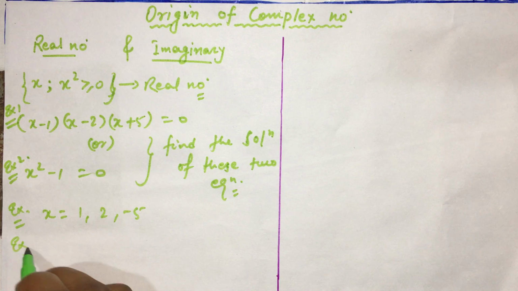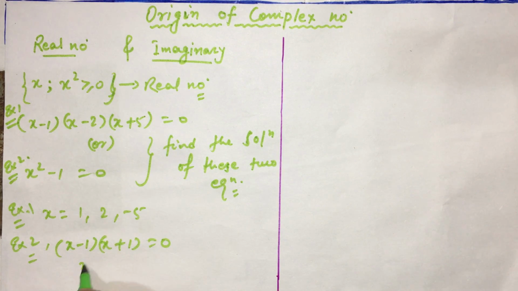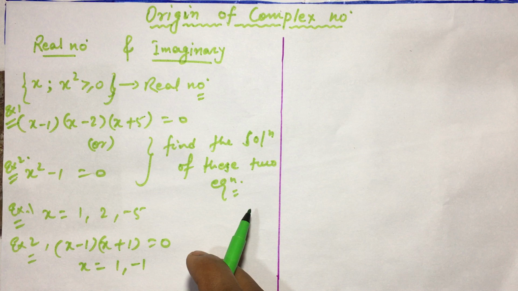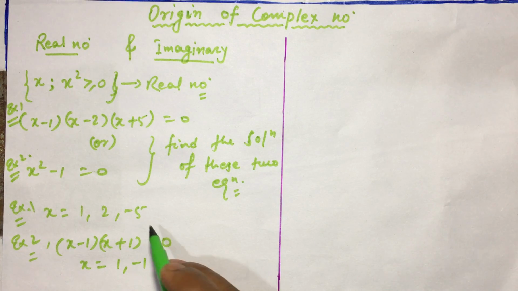From example 2, the equation is (x minus 1)(x plus 1) equal to 0, so x equals 1 and minus 1. We did this using the formula a square minus b square equals (a plus b)(a minus b). So these are the solutions.